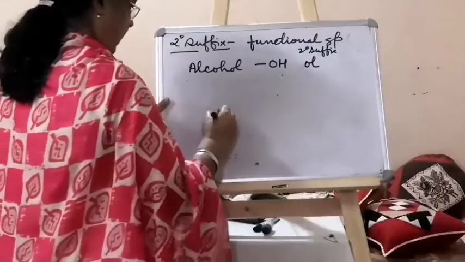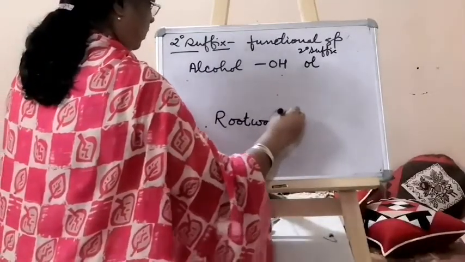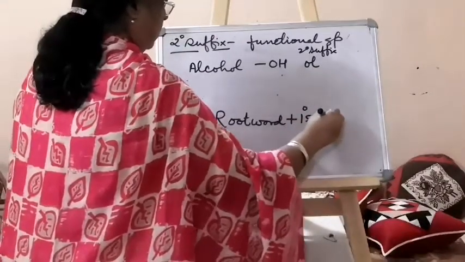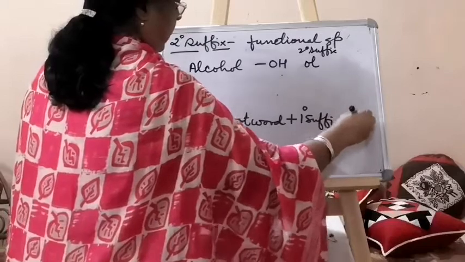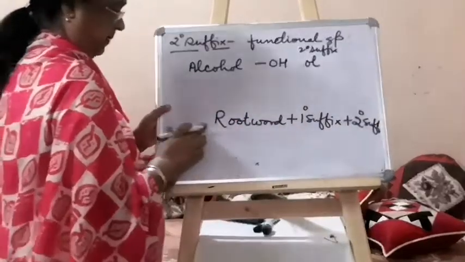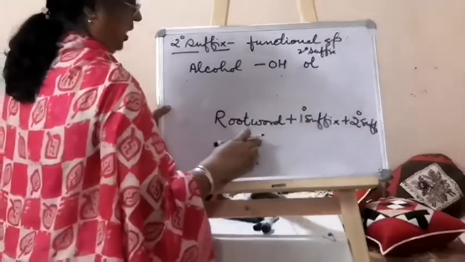So what we have to do, first we have to find out the root word. To the root word we will add the primary suffix, then we will add the secondary suffix. The root word is based on the number of carbon atoms in a continuous chain.